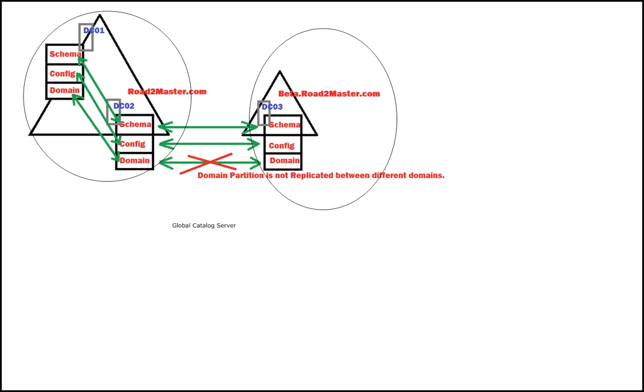We can actually call global catalog a GC, just like DC for domain controller. Let's say here DC02 is a GC, what happens then?